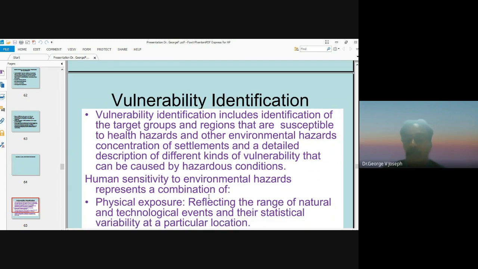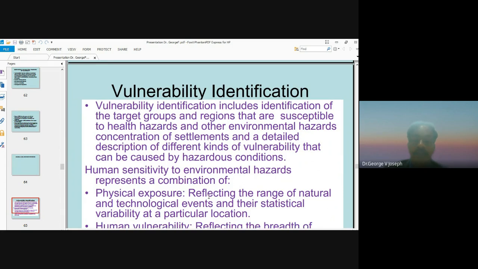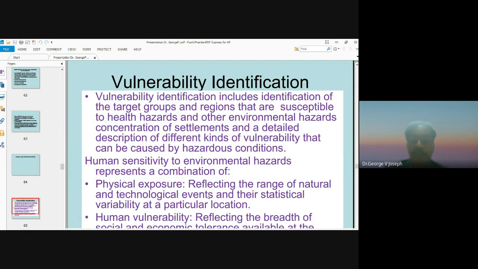So there are different kinds of vulnerabilities. It can be health vulnerability, lack of access to resources because of location, lack of food, lack of knowledge, lack of social networks. These are all aspects of vulnerabilities. Then human sensitivity to environmental hazards represents a combination of physical exposure.